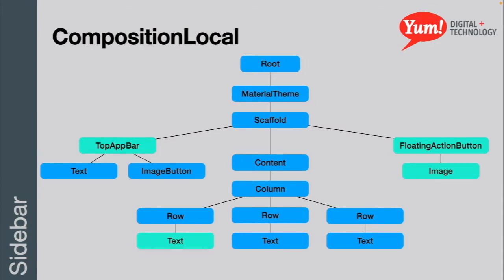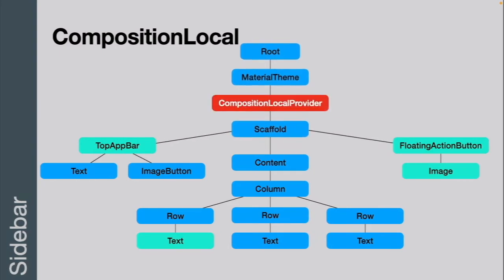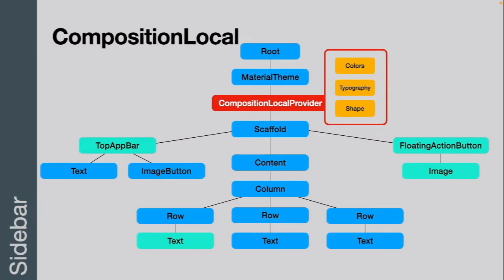That doesn't really work. We have a tree, and so what material theme does transparently to its users is it introduces something into this tree called a composition local provider. And the idea there is you have something sitting in the tree at some point in that tree which is able to provide things. In this case, it provides our token systems. And those token systems are the composition locals.